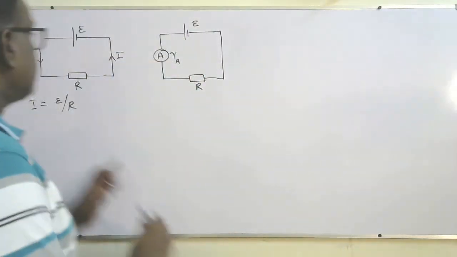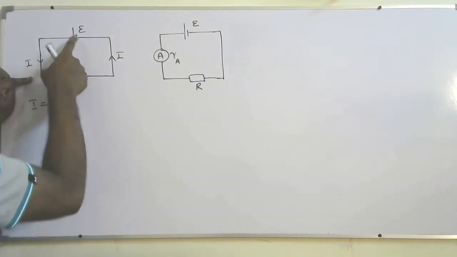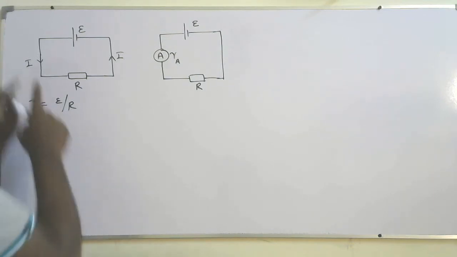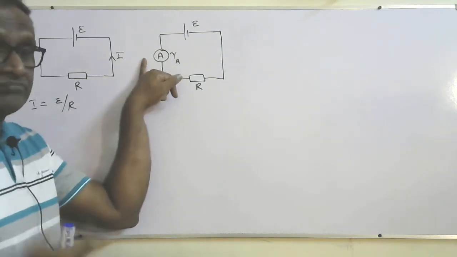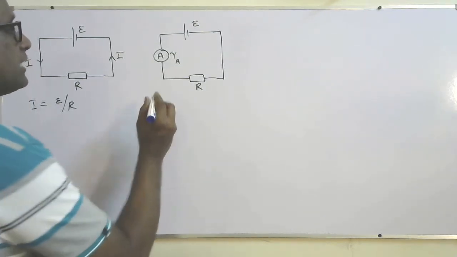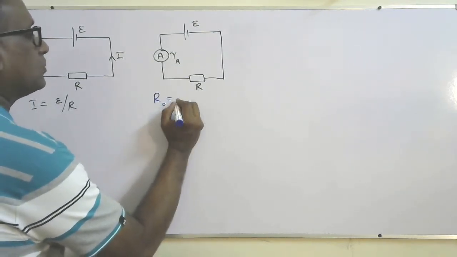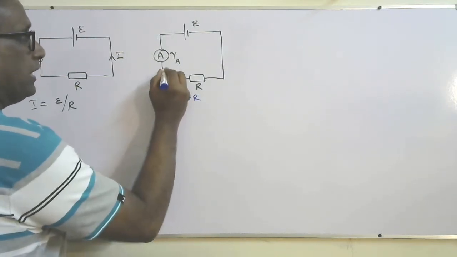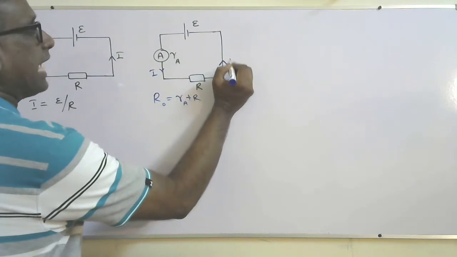So I want to measure this current. This is the actual current flowing in this circuit, which is EMF over R. To measure that current, I connected an ammeter in series with that resistance. So the total resistance of the circuit will be equal to RA plus R. Now the current will not be the same as the actual current.